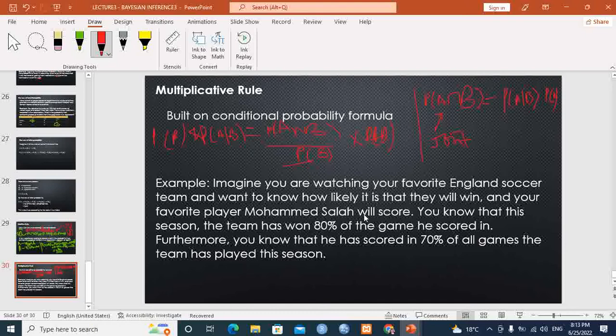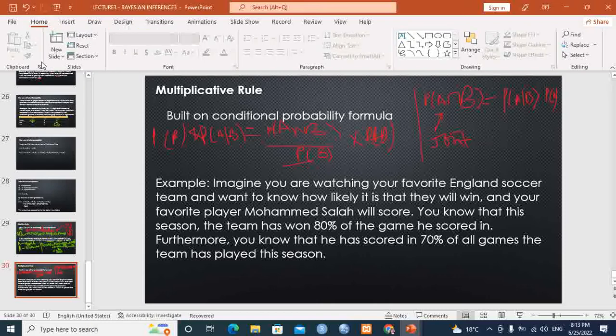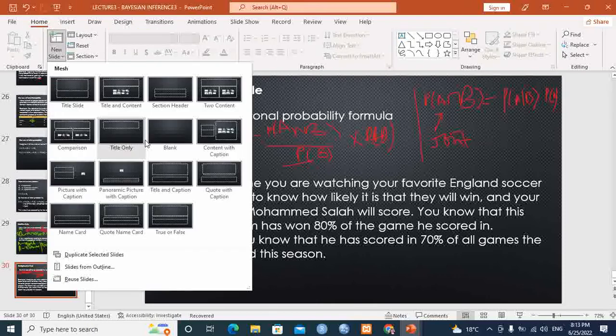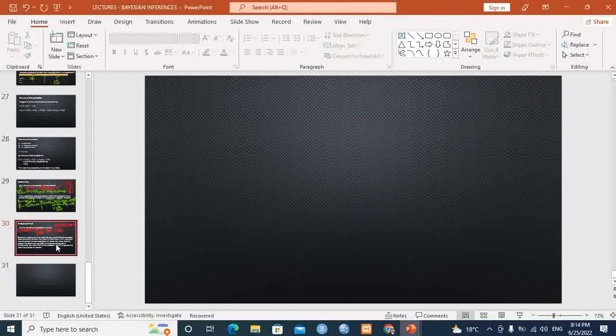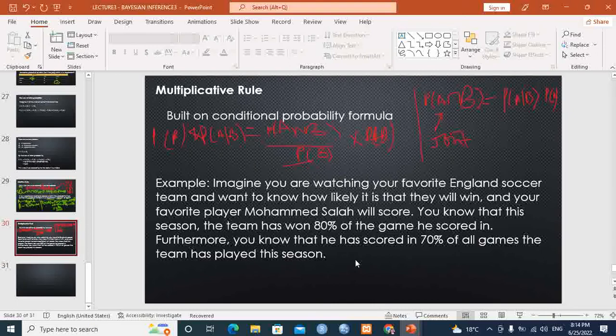I don't want to say you gamble, but let's take an example on a game. Let's say you're a football fan. Imagine you are watching your favorite England soccer team and want to know how likely it is that they win.